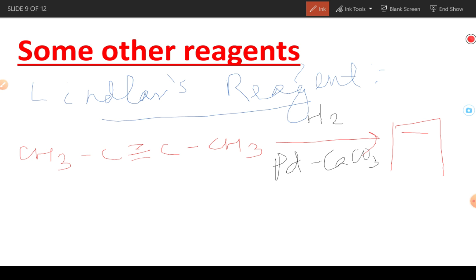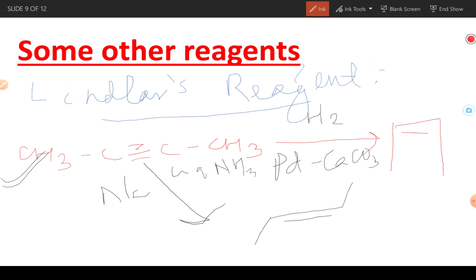If you want to convert this compound into trans like this, you need another reagent like sodium in presence of liquid NH3, meaning liquid ammonia. This is also a very very important thing. This is another reagent, sodium in presence of liquid NH3. You can convert alkyne into trans alkene. This is also very very important.